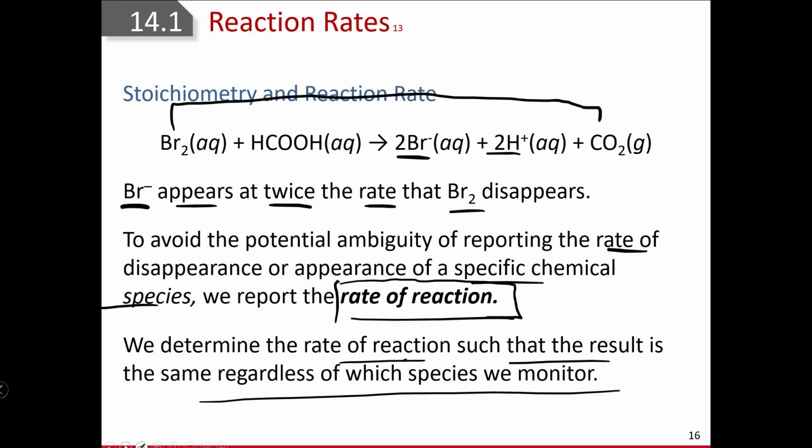Super important right here. And these are the species. We can measure this rate in terms of the bromine or the formic acid or the bromide ion or the hydrogen ion or the carbon dioxide.